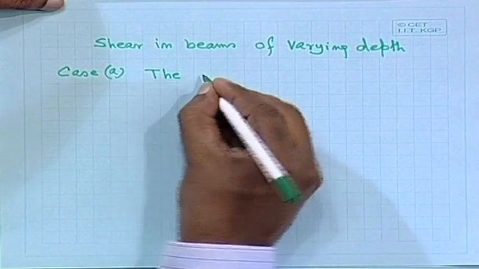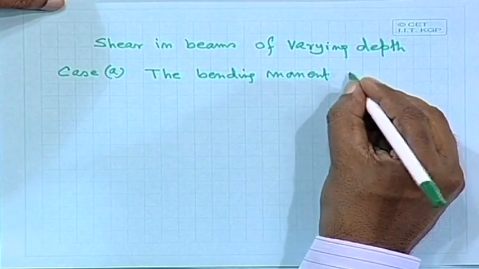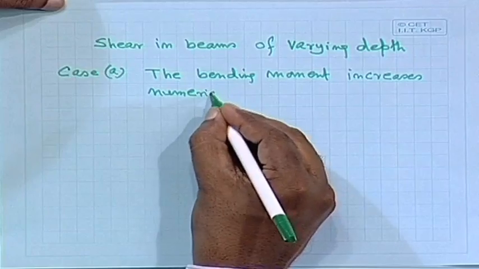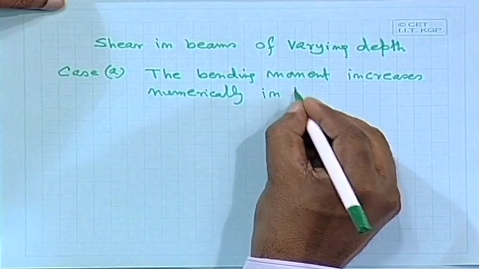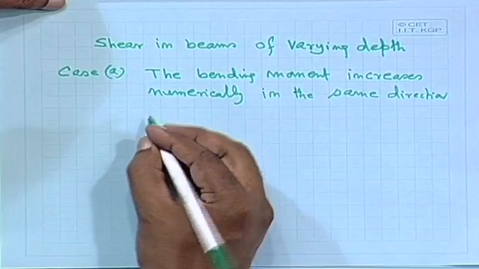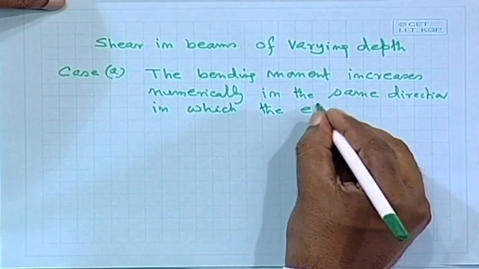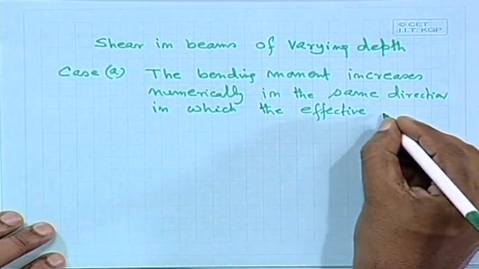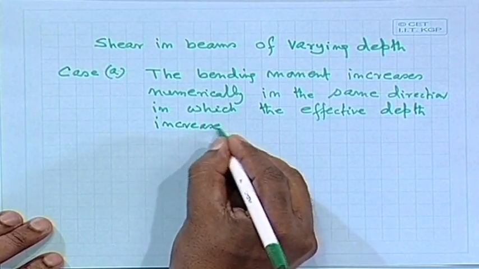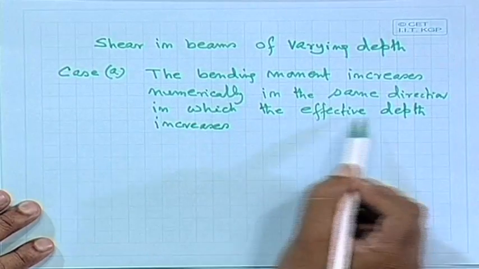The bending moment increases numerically in the same direction in which the effective depth increases.